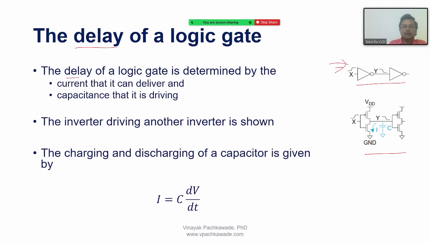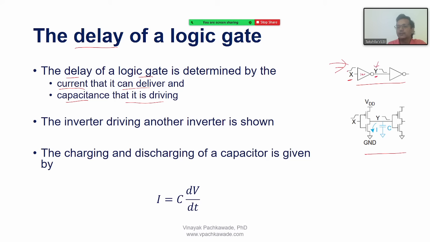So the delay of that logic gate is determined by two factors. First is the current that it can deliver, and the capacitance that it is driving. Now where is the current here? Suppose I have this particular logic schematic, I have an input X, I am using this inverter, and I will have the inverted output Y here.